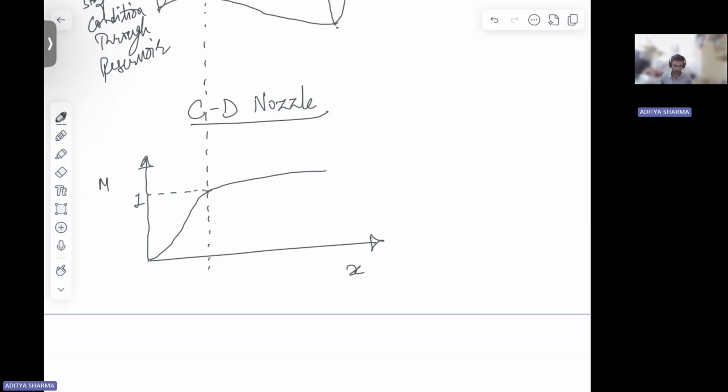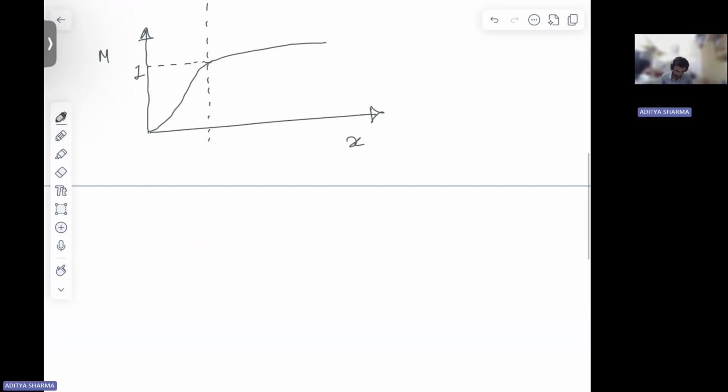And how does the pressure behave? Because the velocity of the flow is increasing, obviously its pressure is going to go down. So its static pressure is going to go down and it looks something like this.